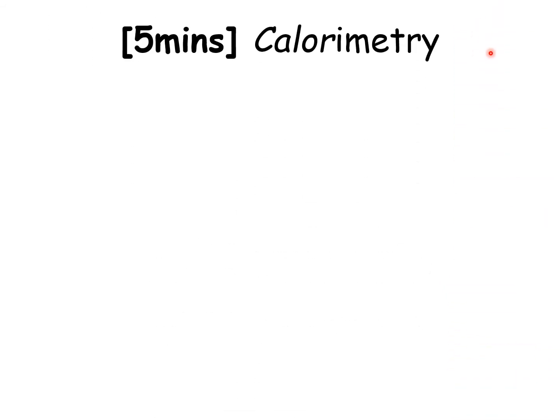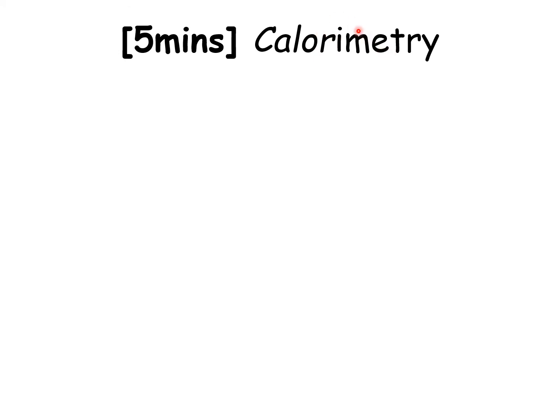Okay, so in last lesson we looked at exothermic and endothermic reactions. And this lesson we're going to look at how we can measure whether a reaction is exothermic or endothermic, and we do that using calorimetry. And calor comes from the Latin word for heat, and metry relates to measuring.